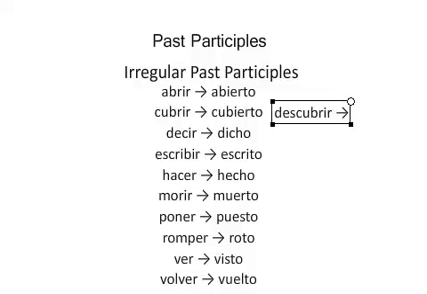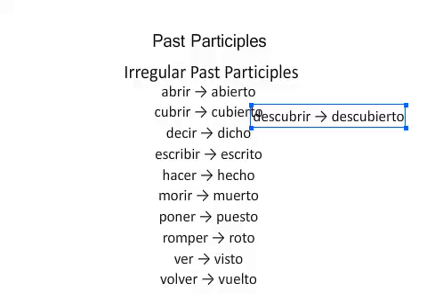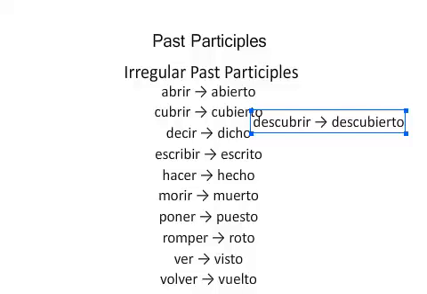The participle for descubrir is going to be descubierto. Very similar to what we saw for cubrir. Cubrir, cubierto, descubrir, descubierto. So if you see one of these verbs embedded within another verb, chances are that this participle will also be embedded within the other past participle.